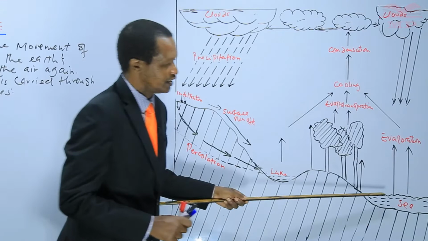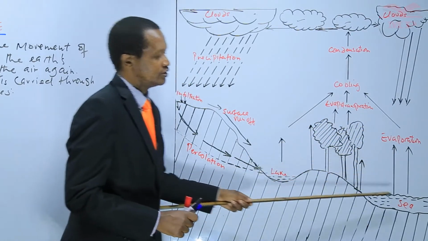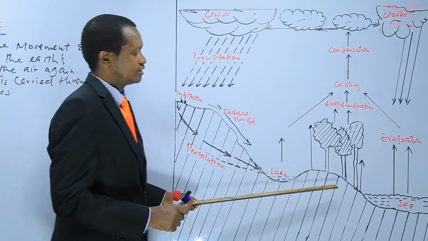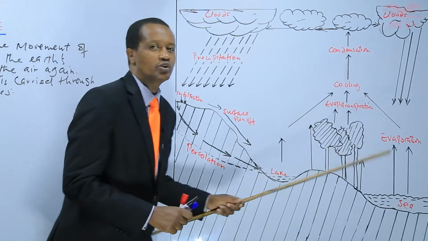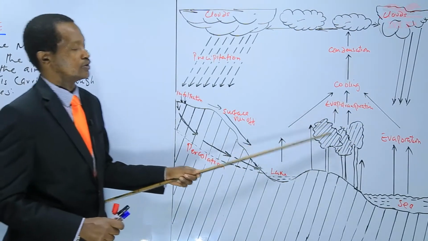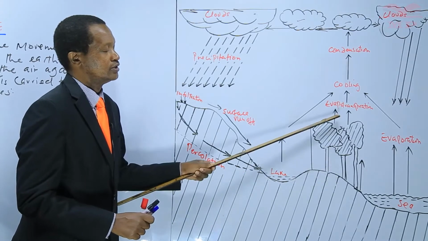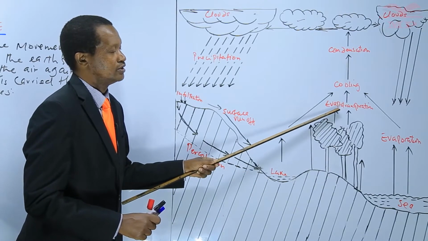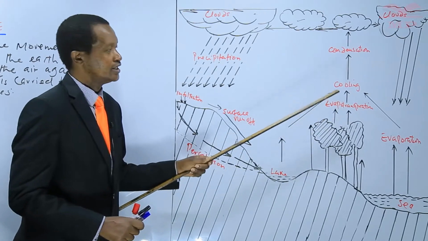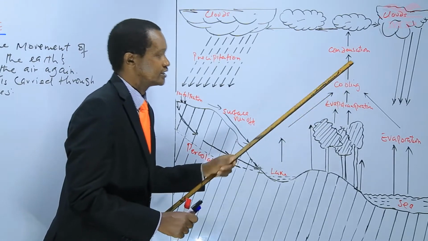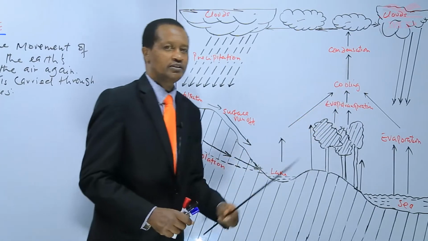So you have seen evaporation, learners: evaporation from the oceans and lakes, and also loss of water through transpiration and through the soil. The two processes combined give us evapotranspiration.